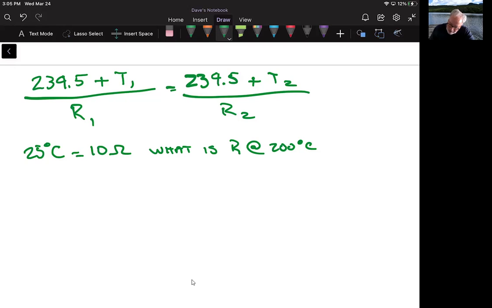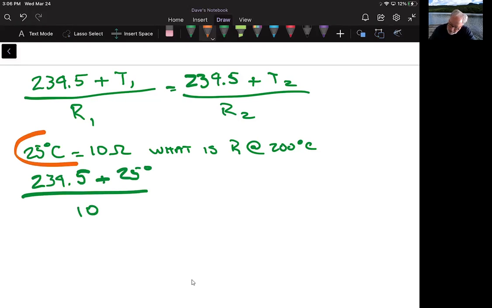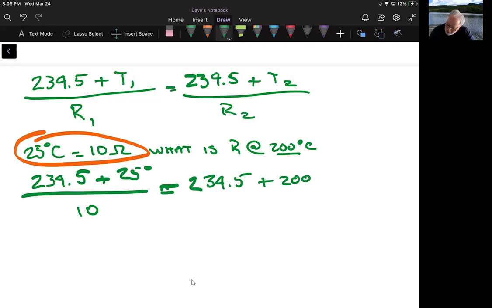So I'm going to say 234.5 plus T1, which is 25 degrees C, over 10 ohms, and then that is equal to 234.5 plus T2, which is 200 degrees, over R2. And what we're trying to solve for is R2.